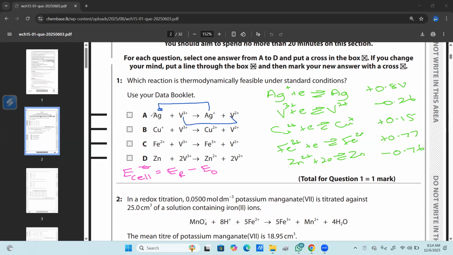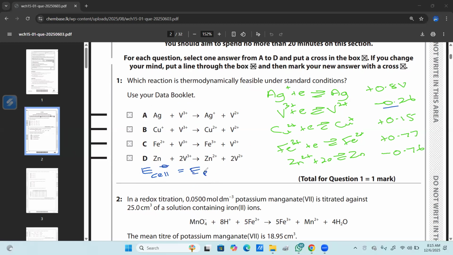So we can see silver undergoes oxidation, vanadium undergoes reduction. The reduction value is minus 0.26, the oxidation value is plus 0.8, so minus minus plus it becomes minus. So the overall E0 value will be negative. When you have a negative E0 cell, the reaction is not feasible. For a reaction to become feasible, the E0 value should be positive.